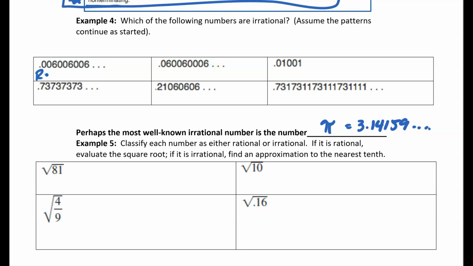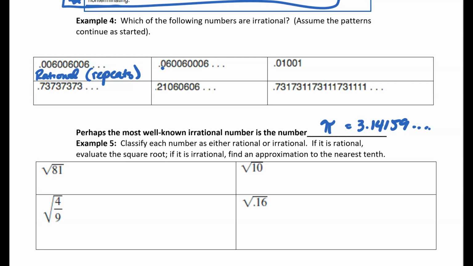I'll put rational in parentheses because it repeats. Okay, this next one, 0.0006006000 6. There's a pattern here, but you don't have a repetition of the same digits.